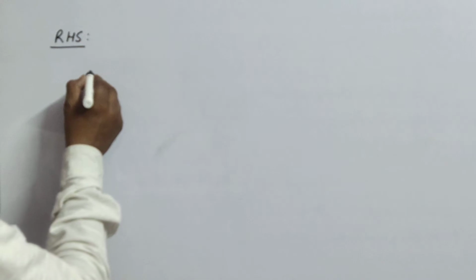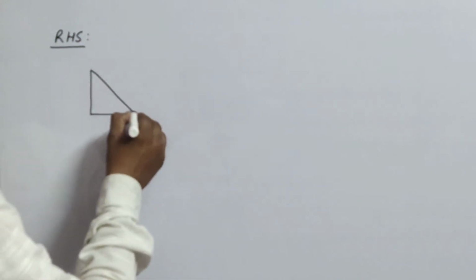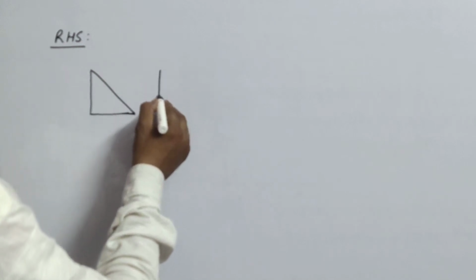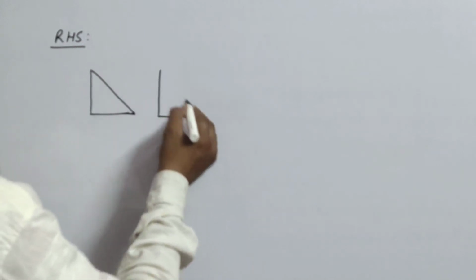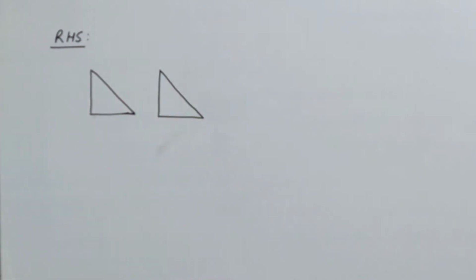So what does RHS congruency mean? See here, I have drawn a right angle triangle here, and one more right angle triangle here. If you clearly observe, I have drawn 2 right angles.